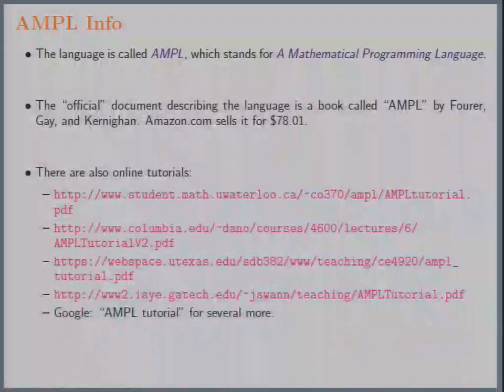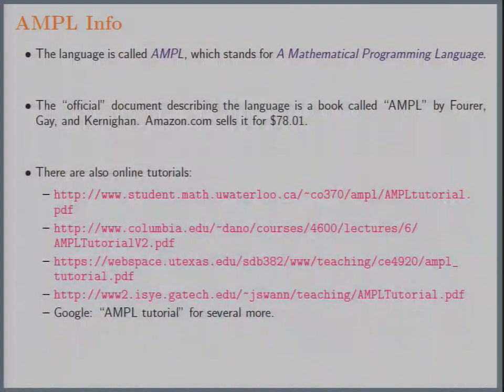I wanted just to end for the last few minutes by telling you that I showed you at least one, maybe two, AMPL models. I think it's a nice language. There's only a couple of languages for optimization. AMPL is one, GAMS is another, maybe there's one or two others.